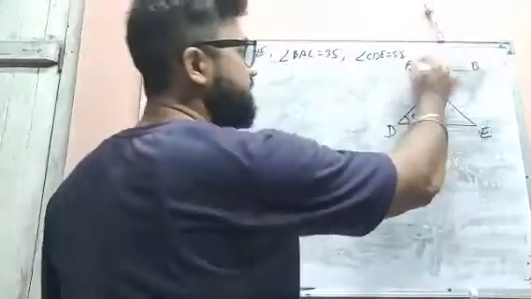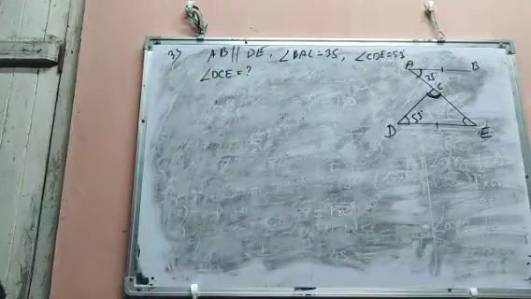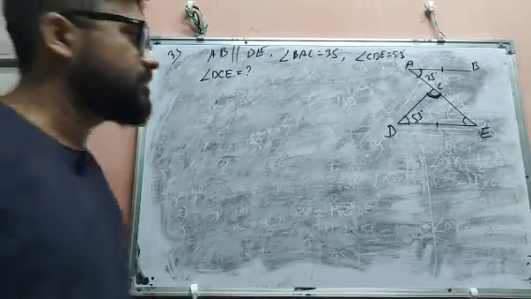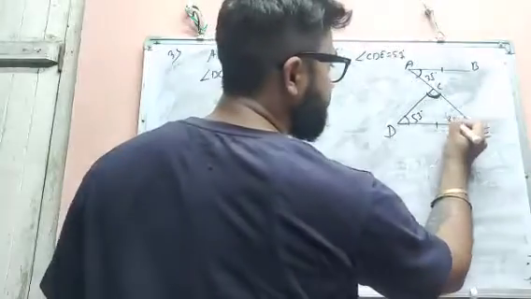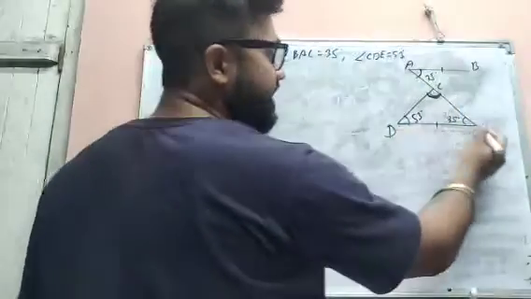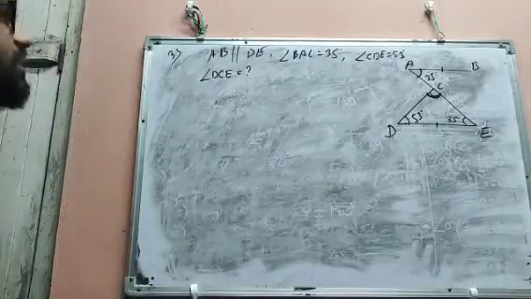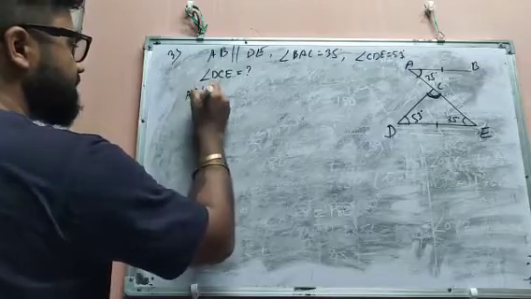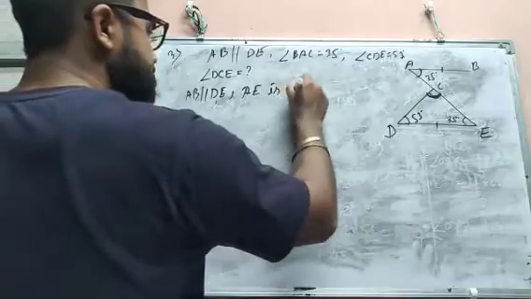So angle ABC equal to angle AED. Why? Because these two are alternate interior angles. So you can also say, since AED is 35 degrees, in short you can say angle DEC or CED is also 35 degrees. So how to do it? AB parallel to DE and A is a transversal.